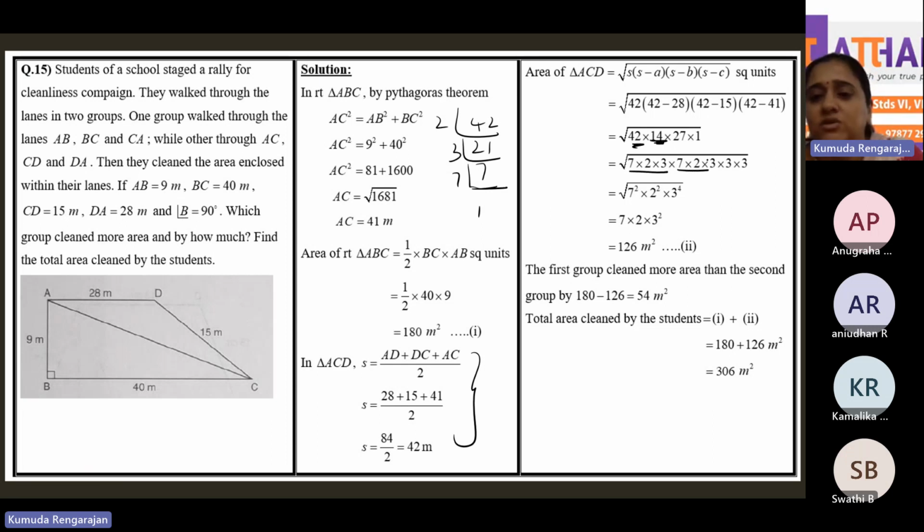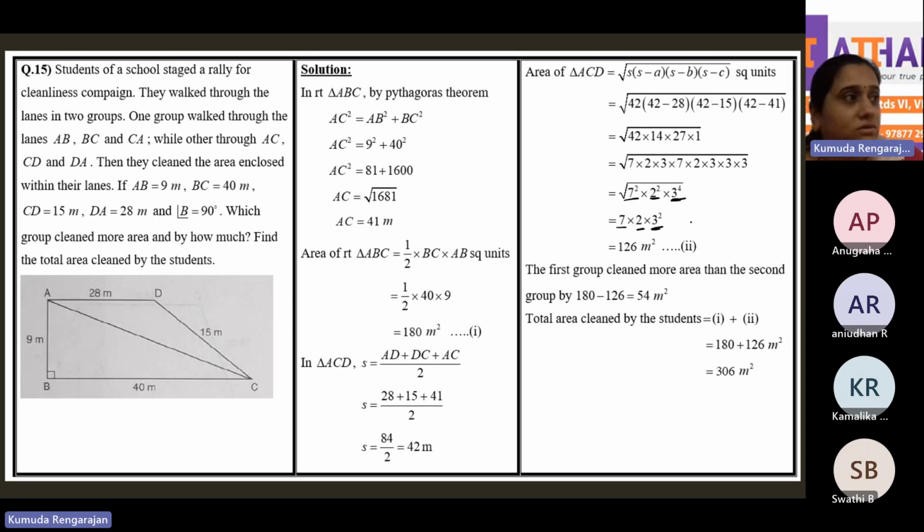Similarly, 14 is 7 into 2. 27 is 3 into 3 into 3. 1 you can just ignore. So that means there is 7 square, 2 square, and 3 to the power 4. From 2 7s, 1 7 out. From 2 2s, 1 2 out. From 4 3s, 2 3s out. And the product is 126.